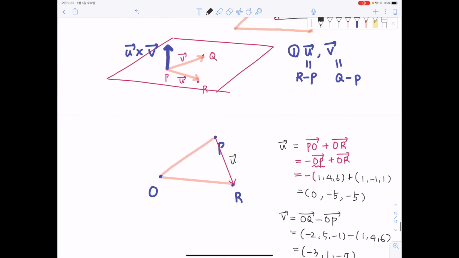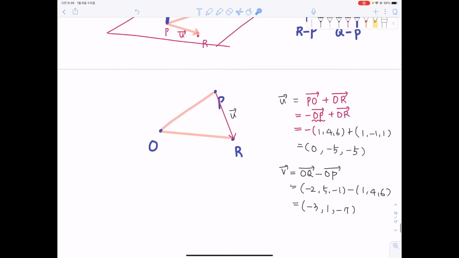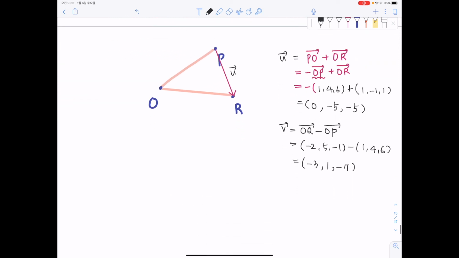So first we check that u and v vectors, and we can calculate u cross v. By definition it is i, j, k here, and the u vector is 0, minus 5, minus 5, and v is minus 3, 1, minus 7.